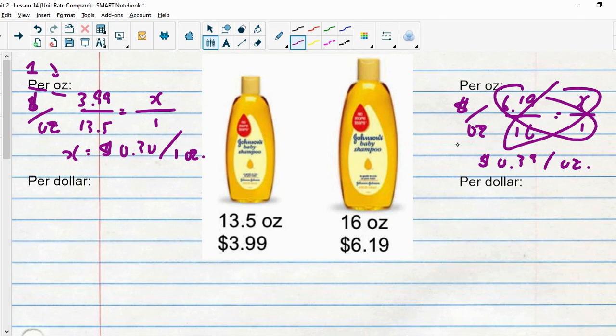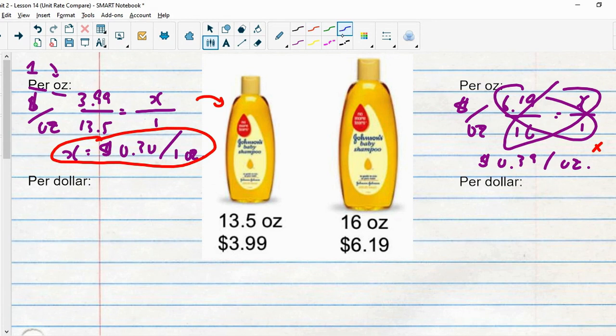So if you buy the bigger bottle, it will cost you more. It's 39 cents per ounce. So which is the better deal? Yeah, this one. Why? Because it's cheaper. 1 ounce of this stuff is cheaper. It's 9 cents cheaper than the bigger bottle. So we don't want this one.